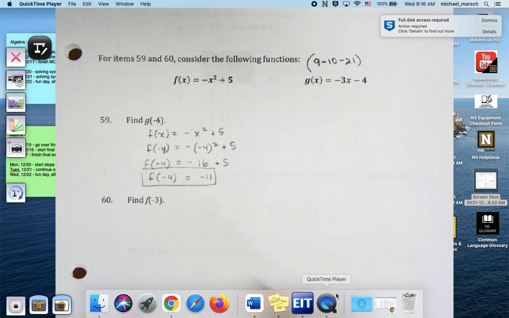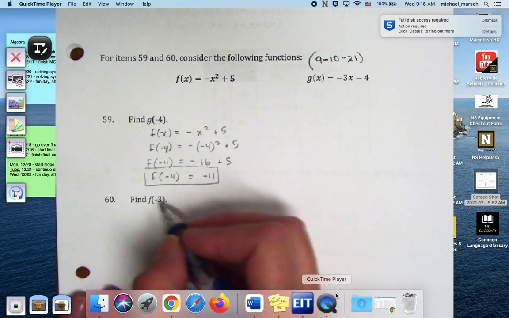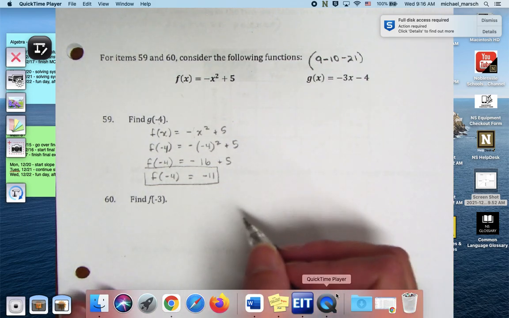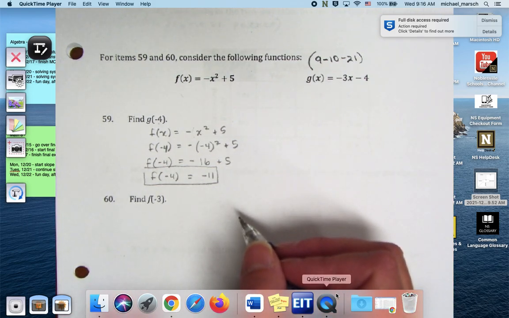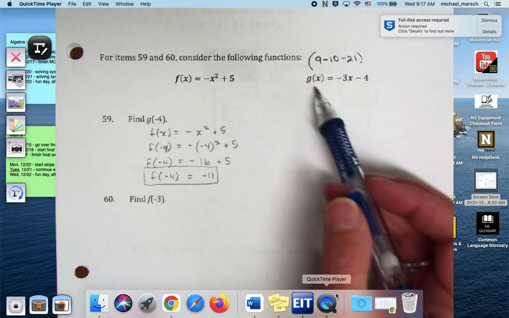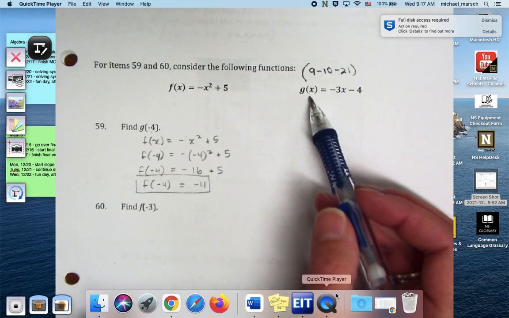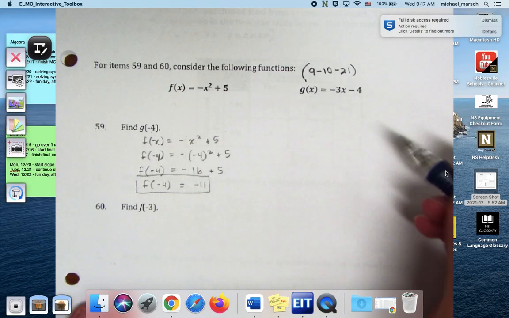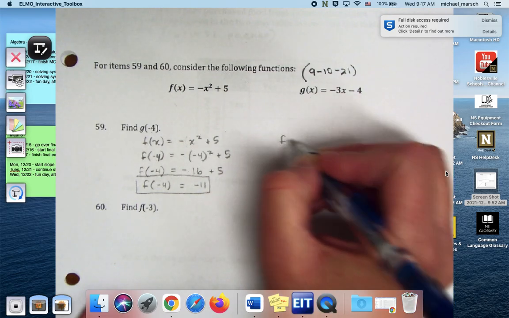So there's that one. And then number 60, I'm going to put -3. Did I do that wrong? I think I was supposed to do -4 for this one. Does that seem right to you guys? Let's do that. Let's do this one too.